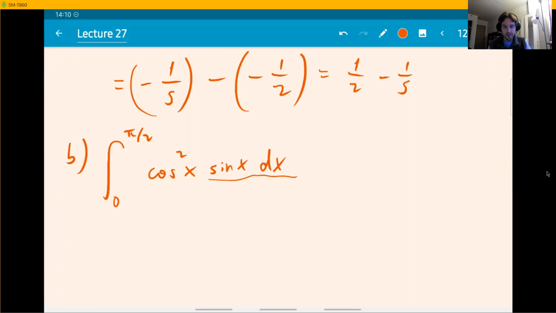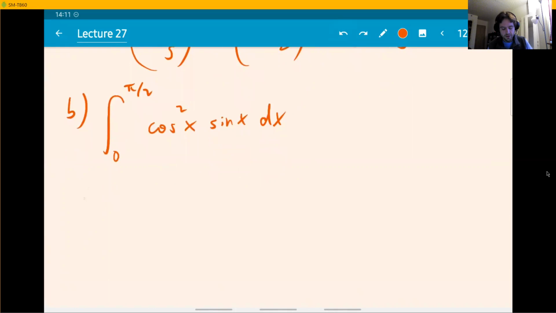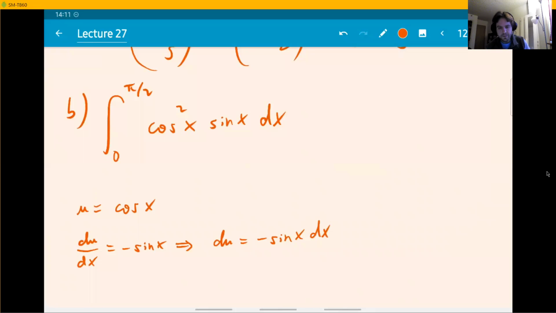The derivative of that is minus sine. It's not just sine, but it's possible to deal with that by introducing a minus, right? So we are going to call u equals cosine x, which means du/dx is minus sine. So du is the same thing as minus sine dx.